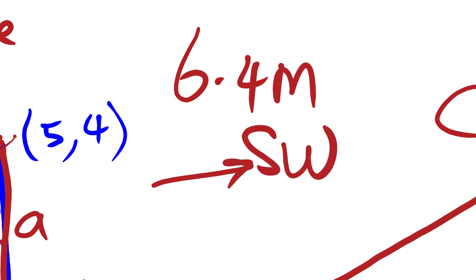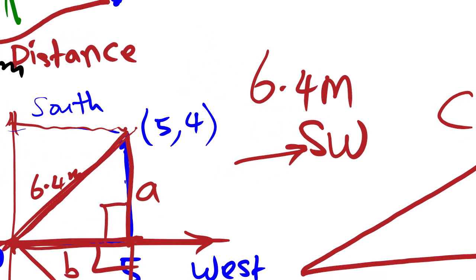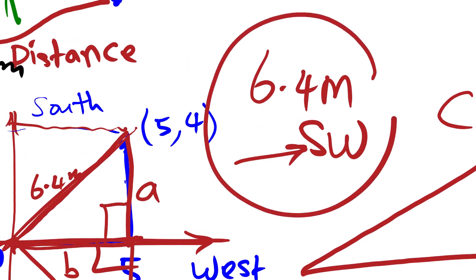That southwest direction must be there to qualify it to be a displacement. If not, you end up having distance. So displacement always has direction. What is the direction of the displacement? You must state it. So this is what I will leave you with.